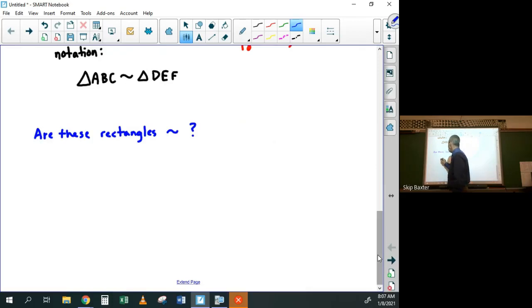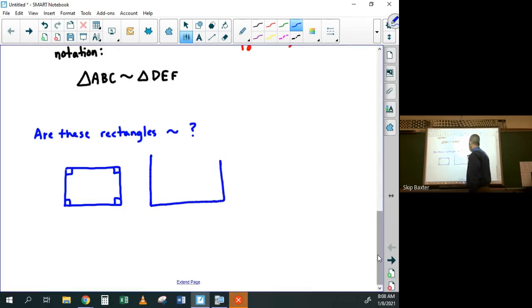So suppose we have a small rectangle and a bigger rectangle. And let's say the smaller rectangle has dimensions 20 by 36. And the larger one has dimensions 30 by 52.